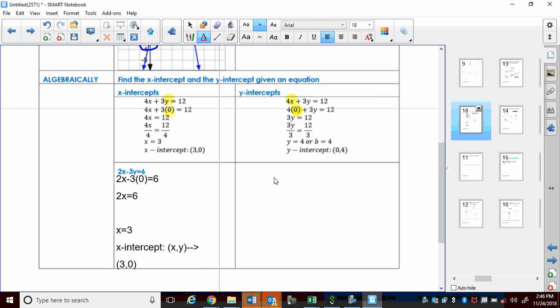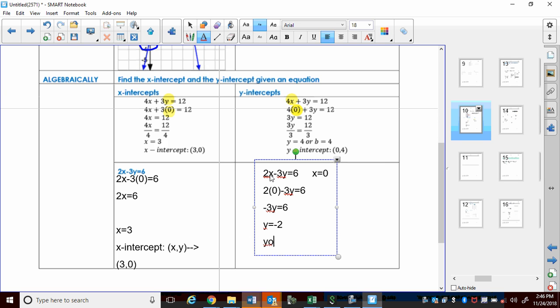Now my y-intercept, I have 2x minus 3y equals 6, and here x equals 0. So I'm replacing the x, 2 parentheses 0 minus 3y equals 6, or -3y equals 6, or y equals -2.